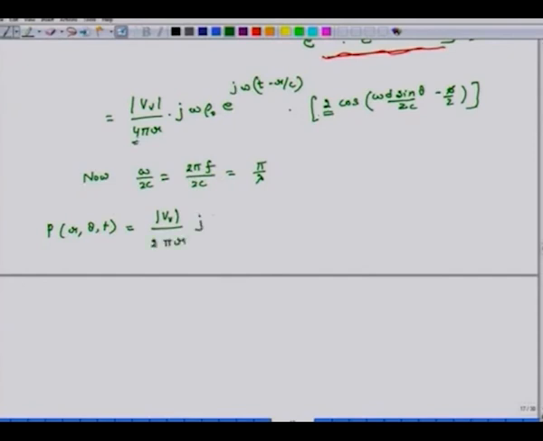So, V v over 2 pi r times j omega rho naught e^(j omega (t minus r over c)) times, what I am left with is, cosine of pi d over lambda times sine theta minus phi over 2. Okay, so this is my final expression.